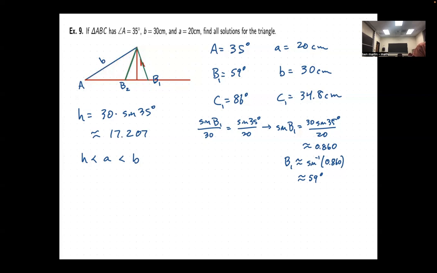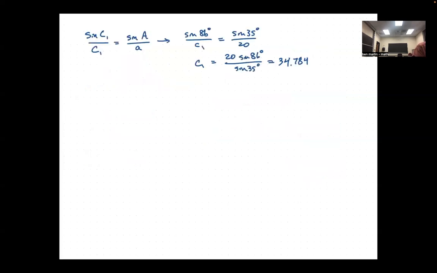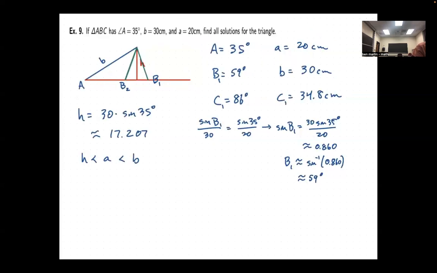Now we have to go back and figure out this other possibility, the smaller triangle. And the smaller triangle will have a lot of pieces in common. So I'm going to take this stuff where we were calculating before and put it on this page.